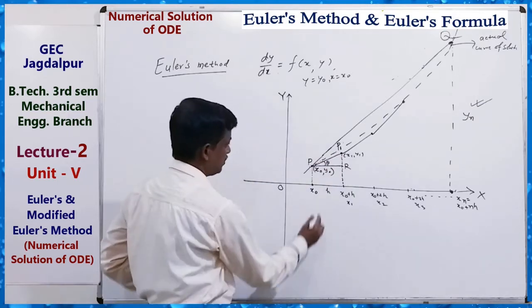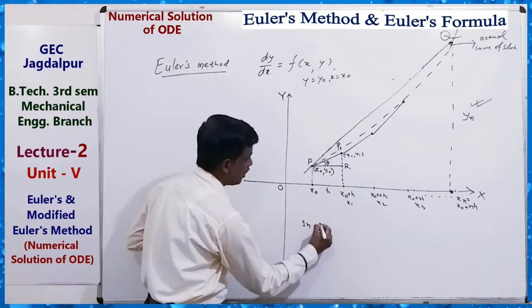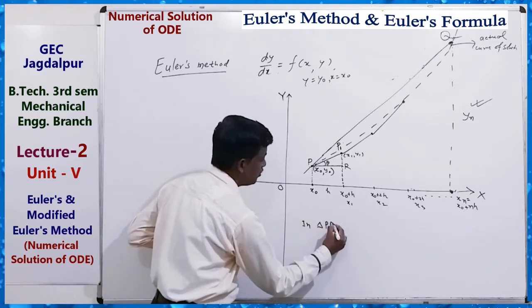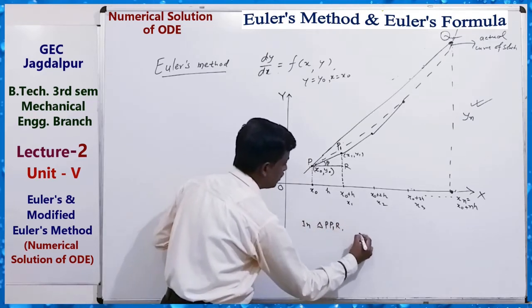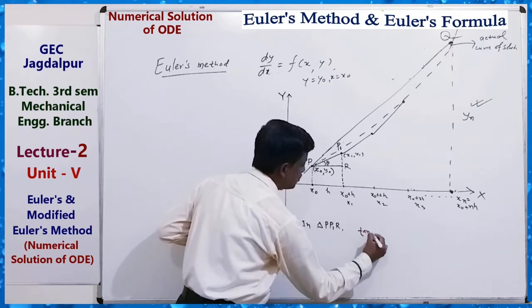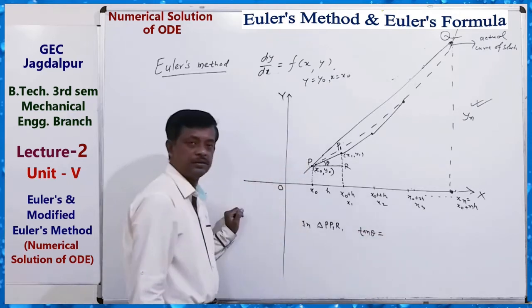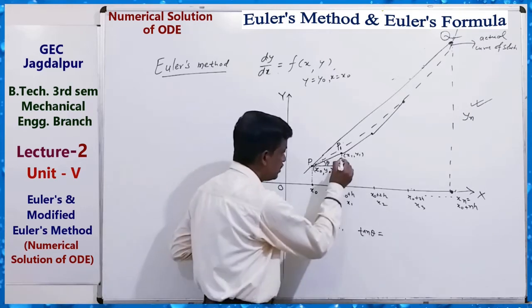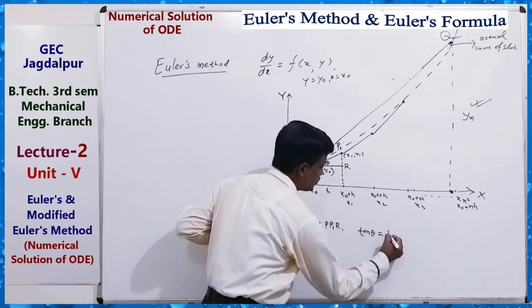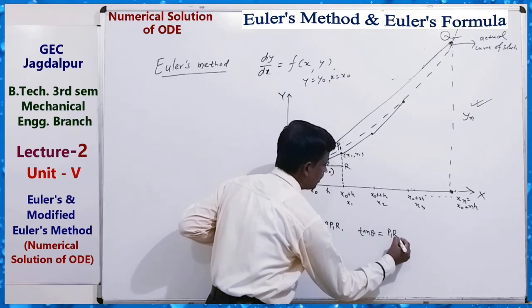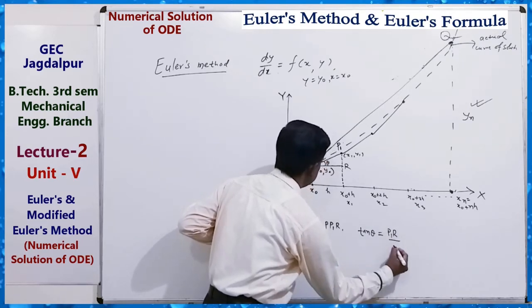So from here, in triangle P1 R, tan theta equals perpendicular by base, this by this. So P1R by PR.